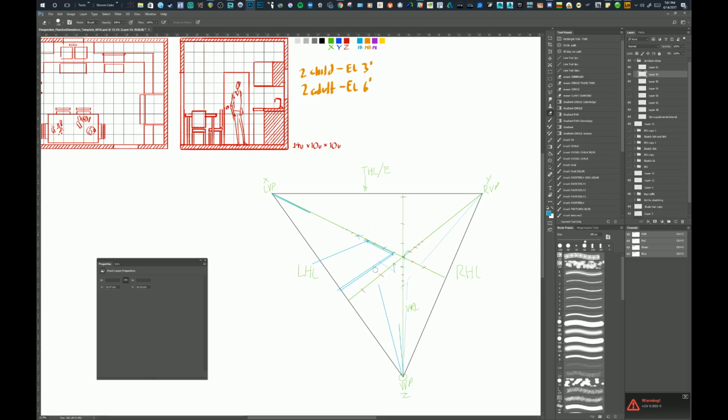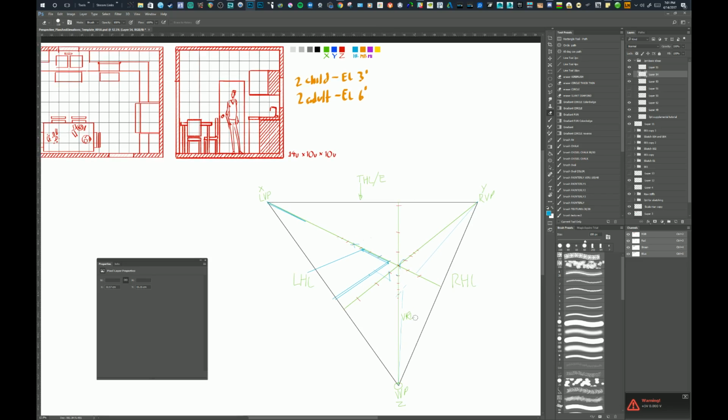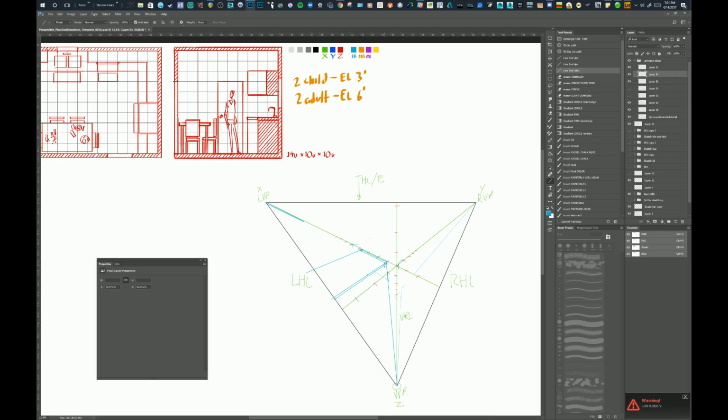But what I was saying is in the previous tutorial, I actually used the physical object to reverse engineer the space, and that is very valid, but I found that too many people were confused by that.